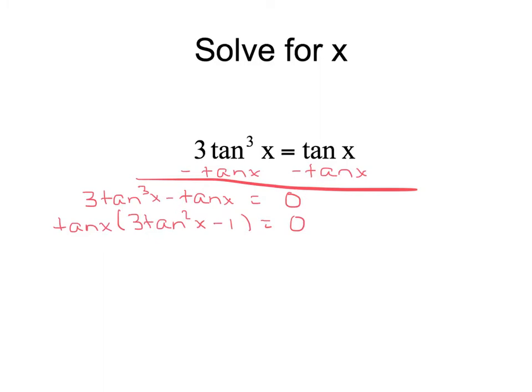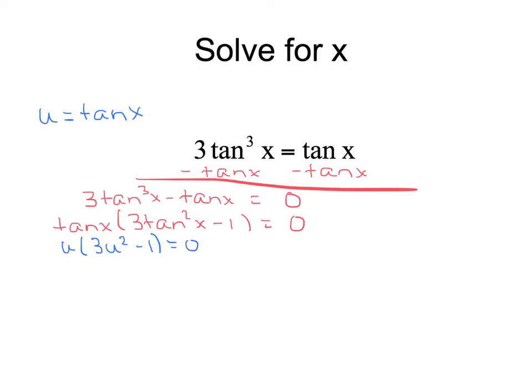And I don't know if you can see this yet or not with the algebra involved, so I might make a substitution and say that u equals tangent x, just so the algebra gets a little bit easier. So I have u times 3u squared minus 1.